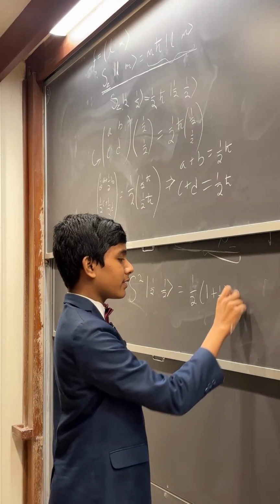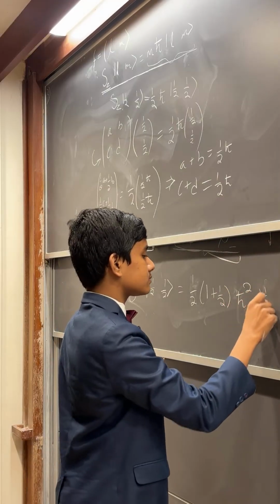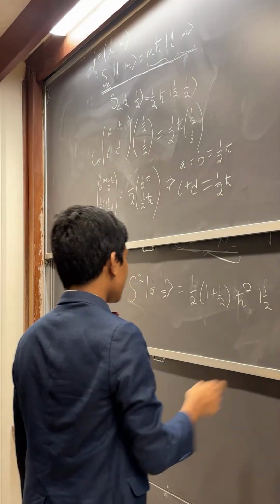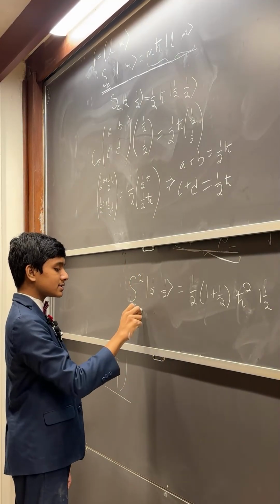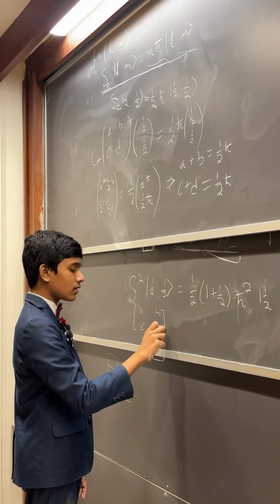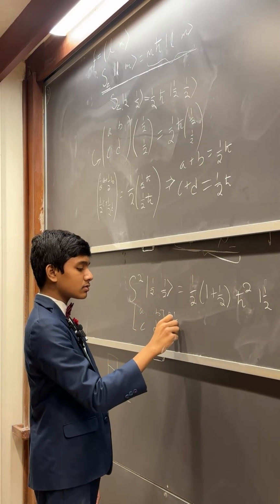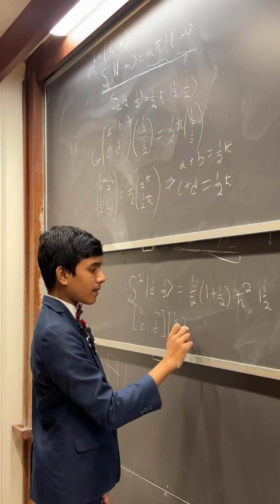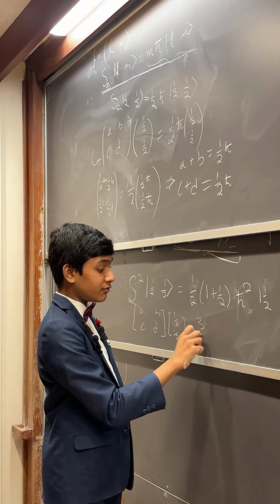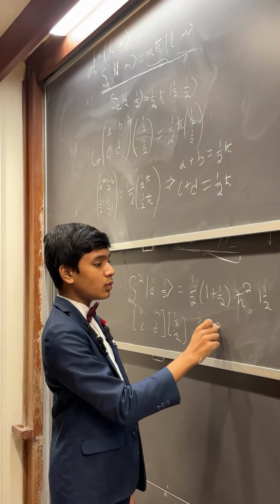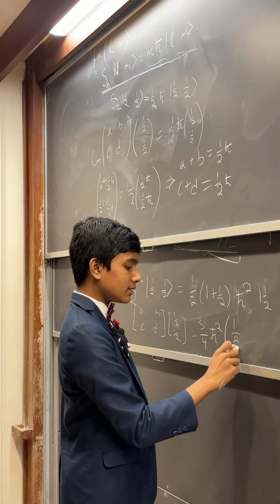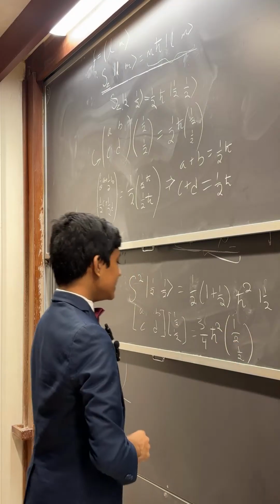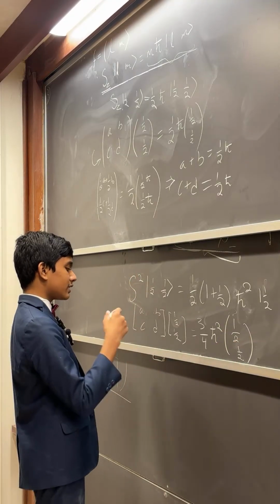Sorry, h bar squared, half, half. And what you're going to see here is another matrix multiplied by a vector is equal to 3/4 h bar squared multiplied by the same vector, which means that you have to solve for these values again.